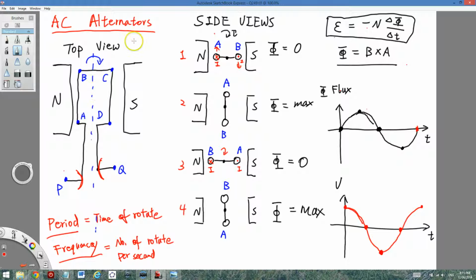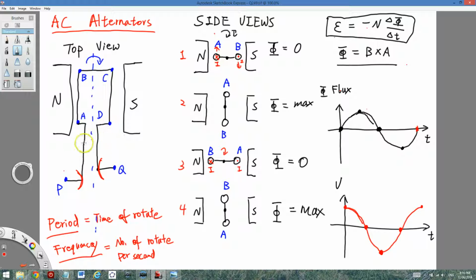Remember, in AC alternators, we don't have commutators. AC alternators produce AC electricity, and the function of slip rings is to always connect point P with point A, no matter how it rotates.